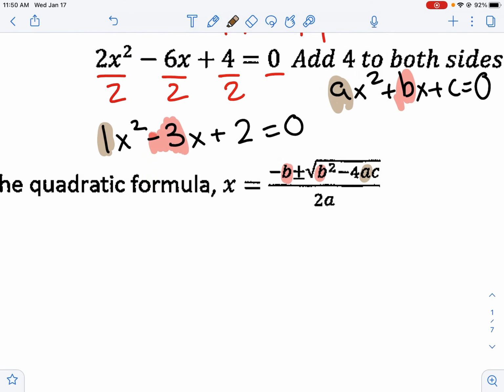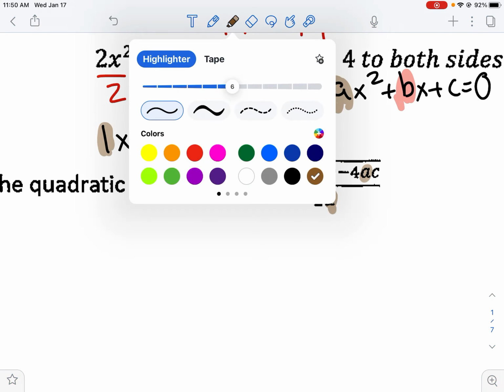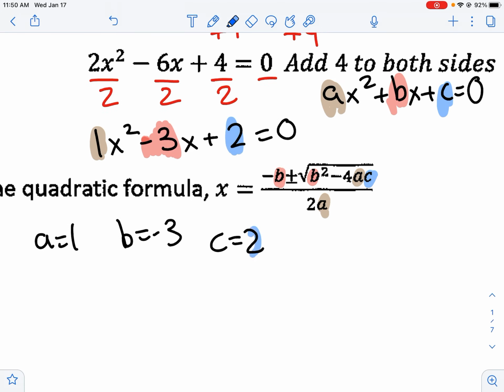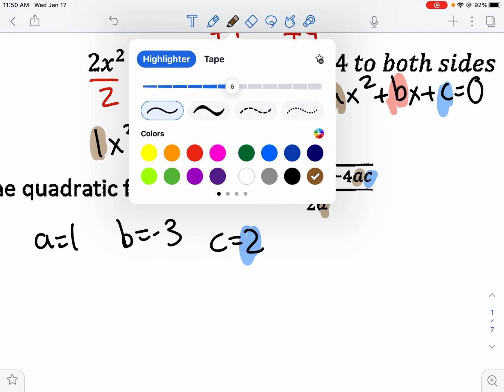By the way, I missed that A right there. And then C is going to go right there. So A is 1, B is negative 3, and C is 2. Makes sense?